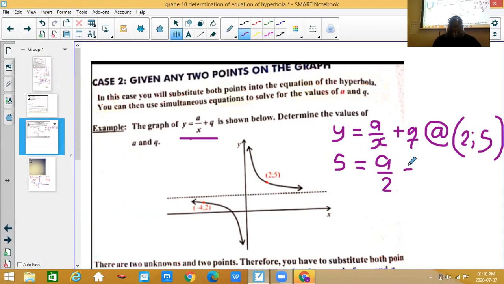We say plus q, which we don't know, right? Now, fractions are not nice to look at. Let us make them lookable. Let us get rid of the denominator 2. What do we need to do to get rid of this denominator? How do we transpose it?